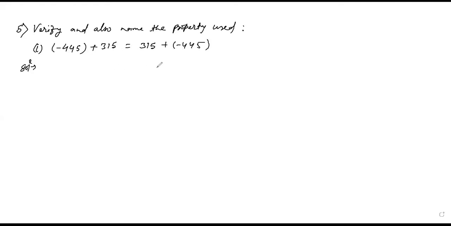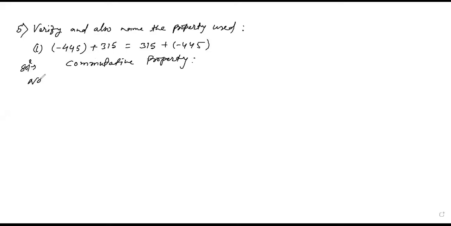If the values on both sides are the same, it will be verified. And also we have to write the name of the property. Directly we can say this is the commutative property. So just write here commutative property first.